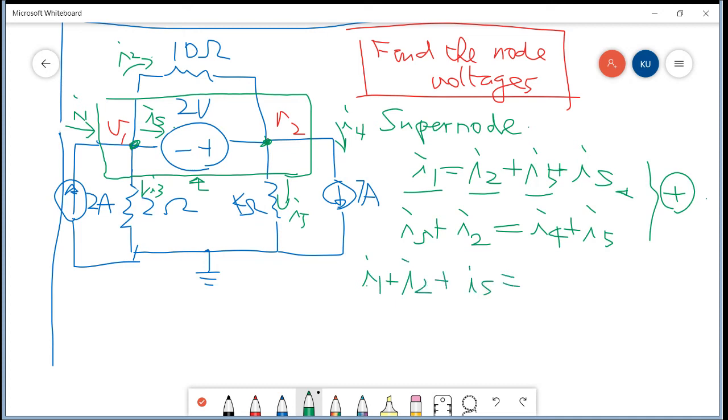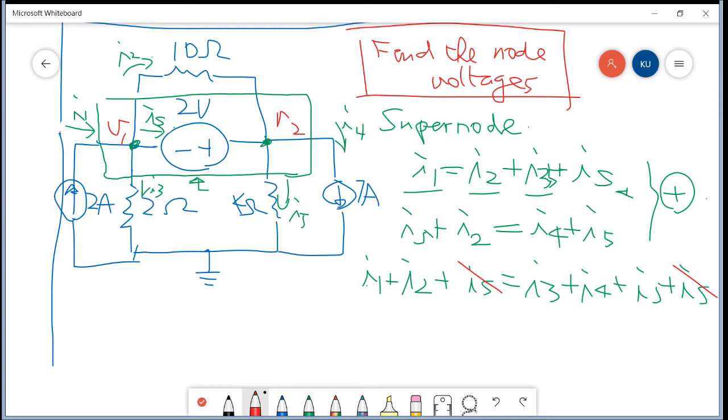On the right hand side, this should be I3. So on the right hand side, it should be I3 plus I4 plus I5 plus IS. So IS and IS can be cancelled.